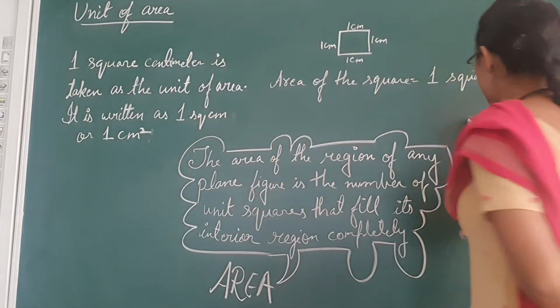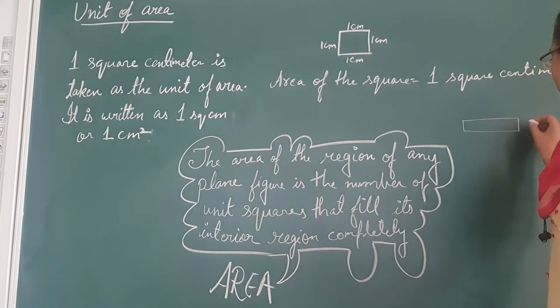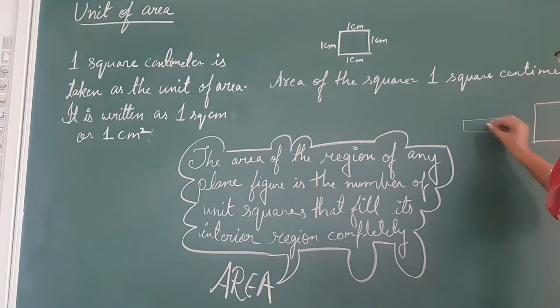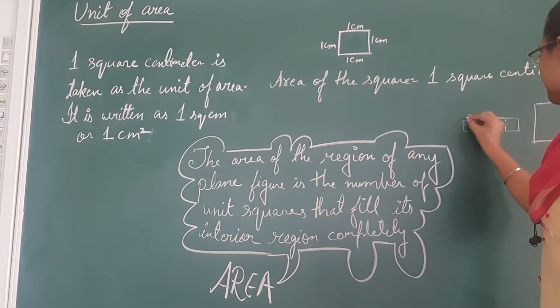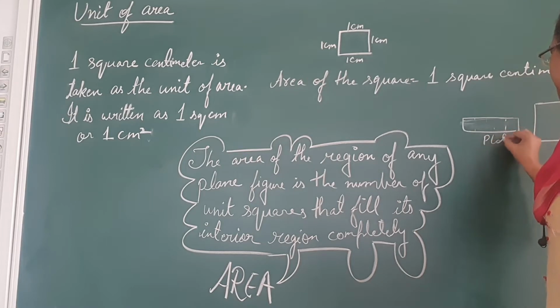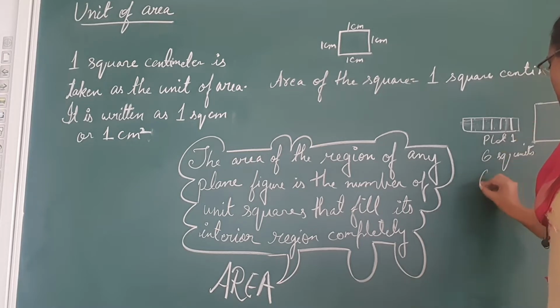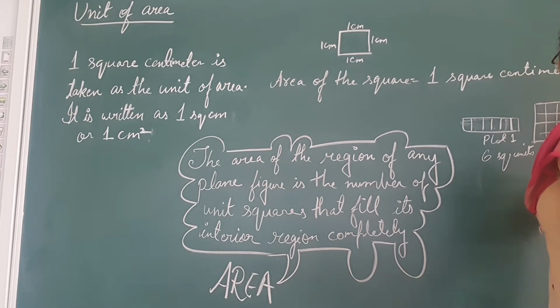This means that the two plots we discussed before had six square units inside in plot 1 and 9 square units in plot 2.